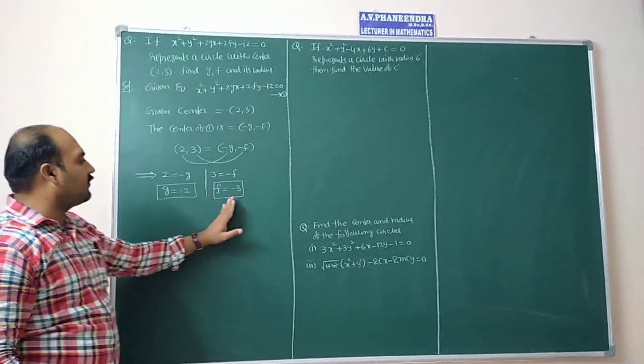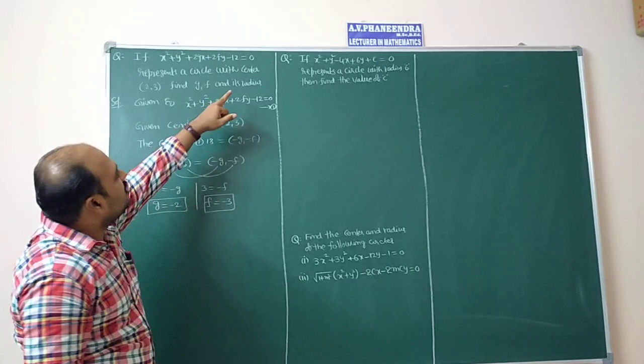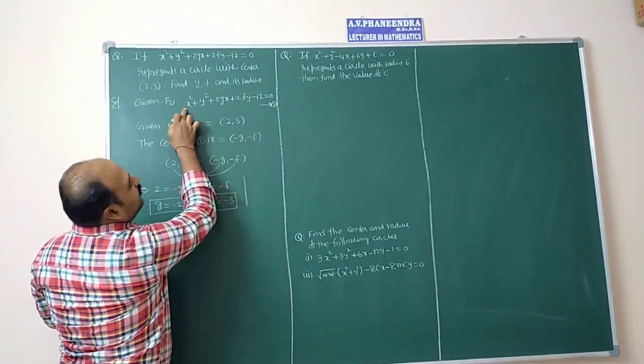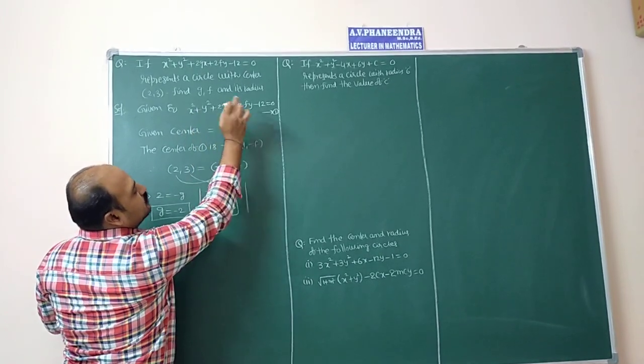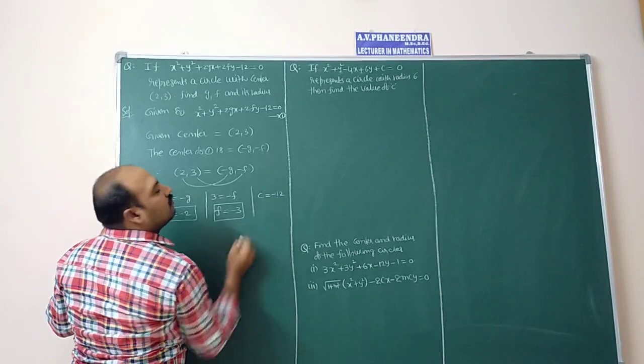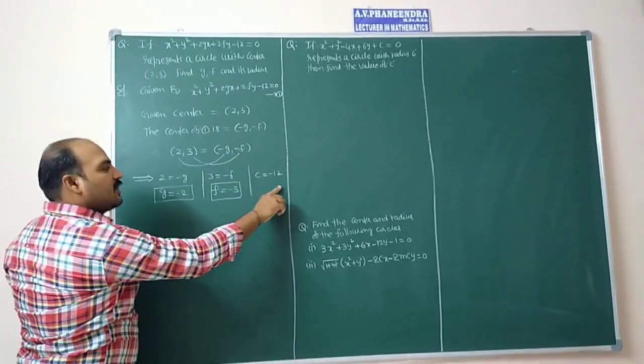After getting f and g values, they are asking to calculate radius. So, to get radius value, this equation comparing with x square plus y square plus 2gx plus 2fy plus c. So, c value here is minus 12. From equation 1, c value is minus 12.